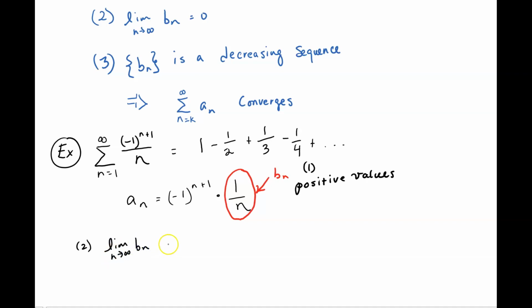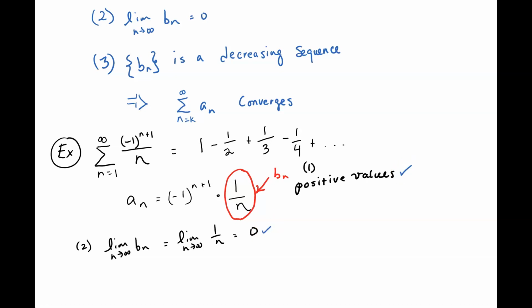This is the limit as n approaches infinity of 1 over n, which is for sure 0. 1 divided by infinity. When you think about $1 divided amongst, say, 1 billion people, each person is going to get relatively nothing. So the first condition is met, and the second condition is met.